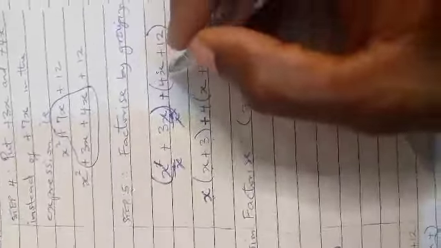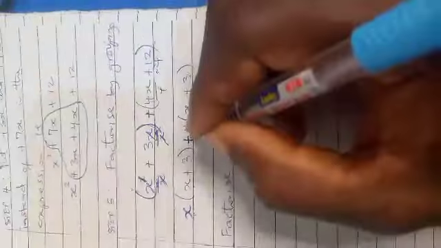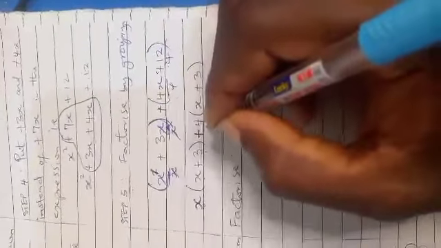Now, which factor is common to 4x and plus 12? You can see 4 is common to 4x and 12. So you bring out the 4. You have your plus and then you put 4.